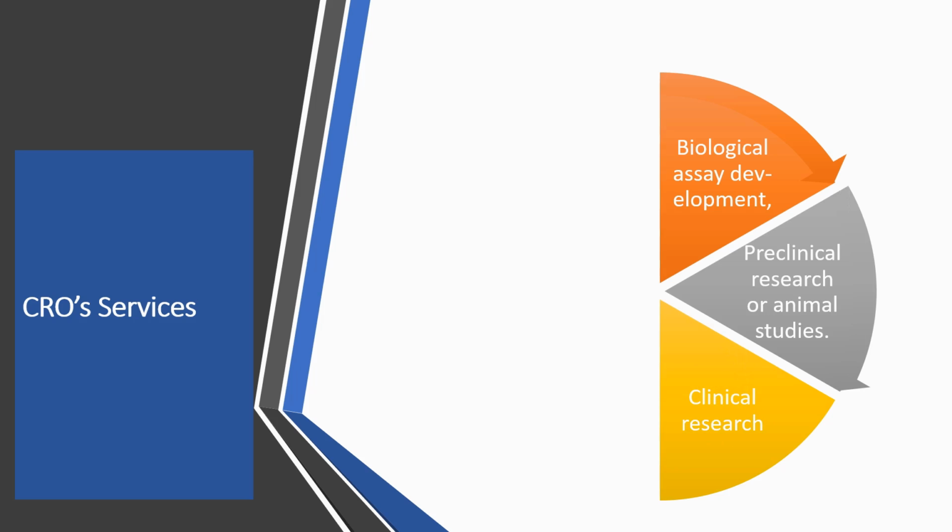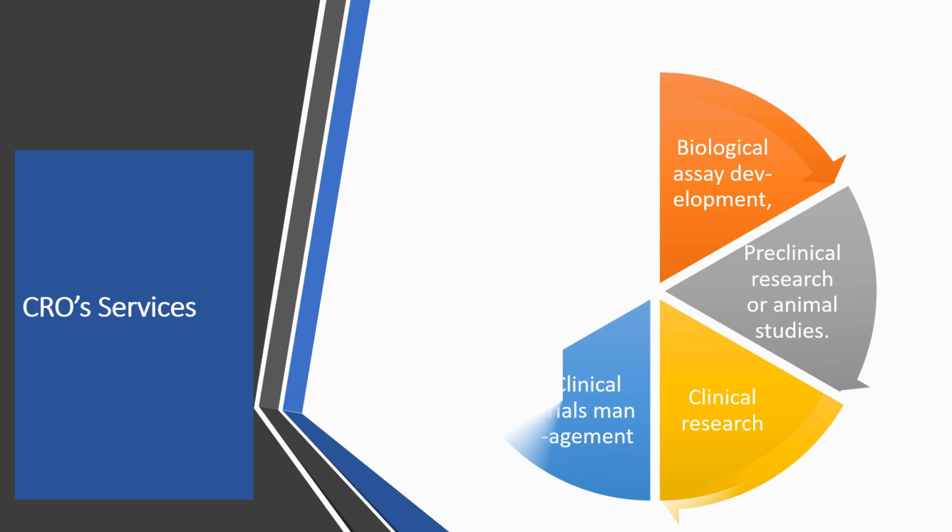Clinical research, which includes trial monitoring as well, where CROs hire their own CRAs, or clinical research associates, who monitor the site for feasibility and site qualification. They also make sure that the site follows good clinical practice and the protocol.